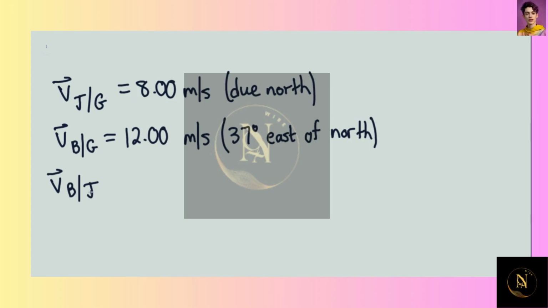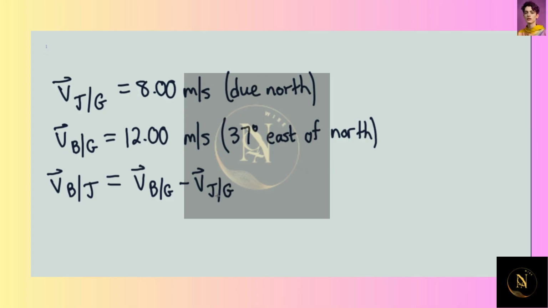So we can say that first, the velocity of the ball relative to Juan will be equal to the velocity of the ball relative to the ground minus the velocity of Juan relative to the ground.